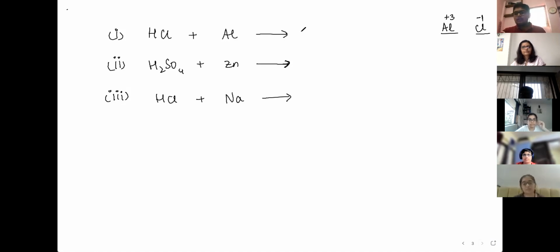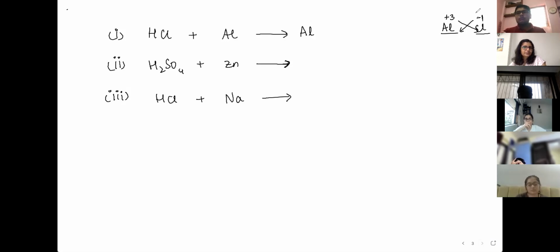Ma'am, Al3Cl minus plus H2. Not Al3, how do we form the formula? Once you have the valencies, do you remember the crisscross from grade 9? The valency of this goes to chlorine and the valency of this goes to aluminium. Ma'am, AlCl3. When you form a compound, the plus minus disappears.